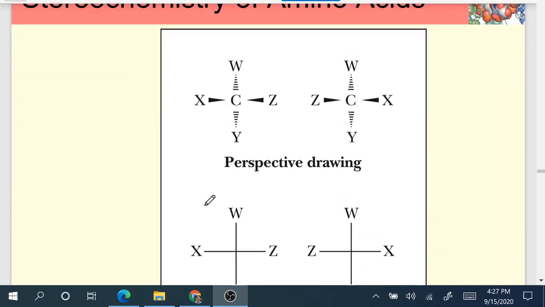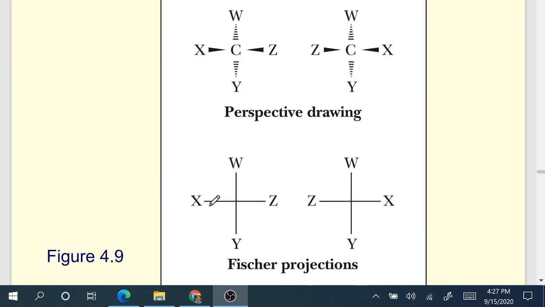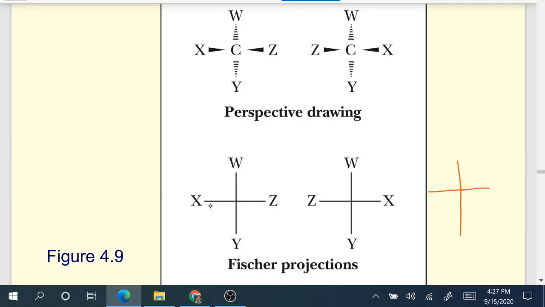In biochemistry, we use Fischer projections primarily for demonstrating different 3D conformations of molecules, especially when it deals with sugars. And so you can see here how to draw a Fischer projection. A Fischer projection is basically a cross that demonstrates 3D configuration where everything on the vertical is going away from you, and everything on the horizontal is coming out at you.